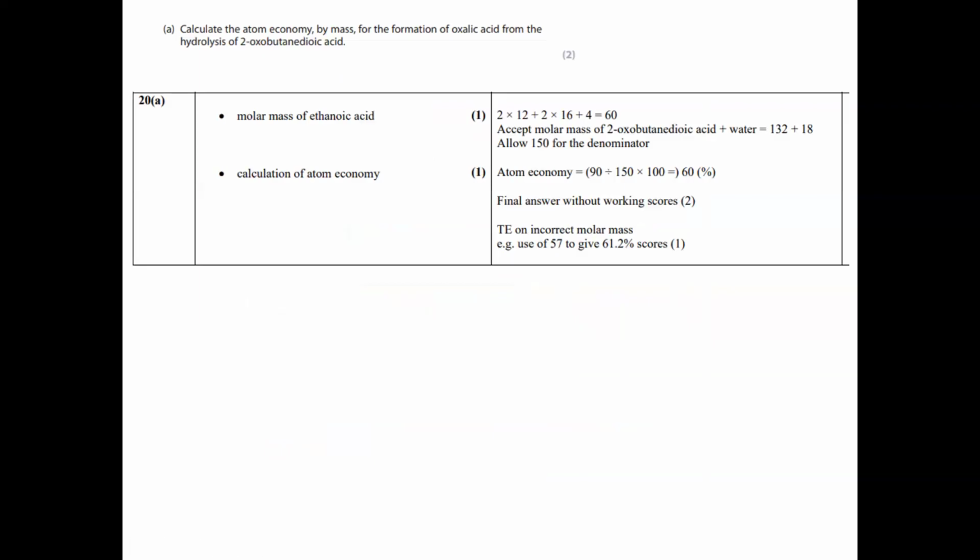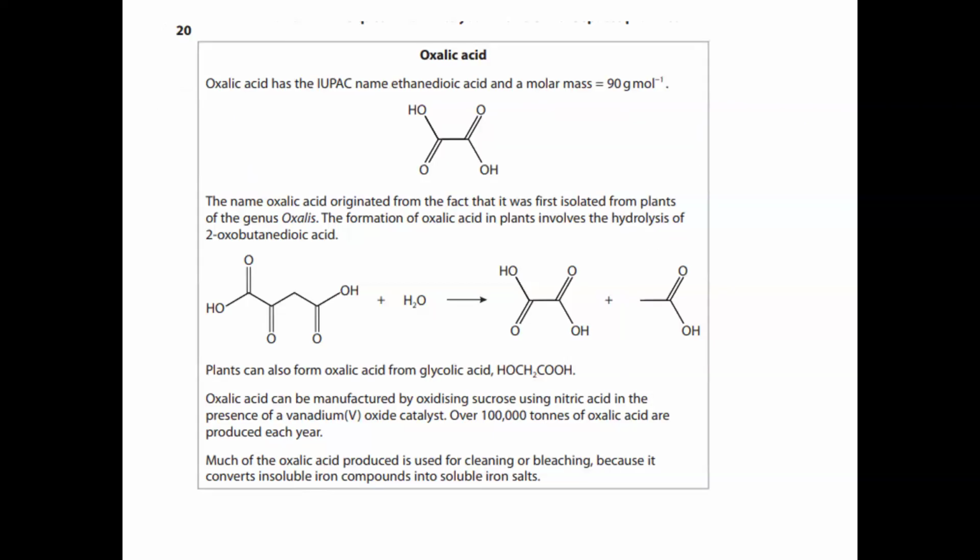They are saying calculate the atom economy by the mass of formation of oxalic acid from the hydrolysis of 2-oxobutane dioic acid. They are asking to find the atom economy. That means they are talking about this equation.